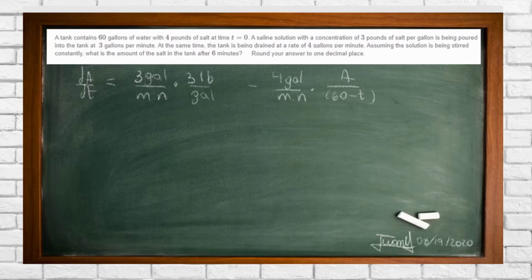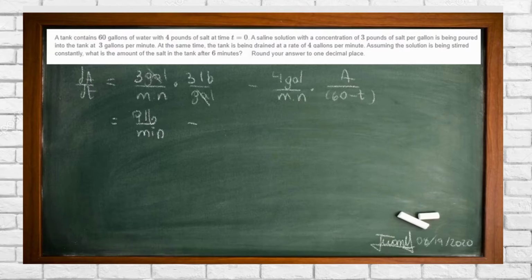So, as we now have our formula for dA/dt, the change of salt with respect to time, now we can start solving. We can cancel gallons with gallons. We're going to have 3 times 3 is 9 pounds per minute of salt coming in, minus the gallons divided by the volume, which is also gallons, so we cancel them.